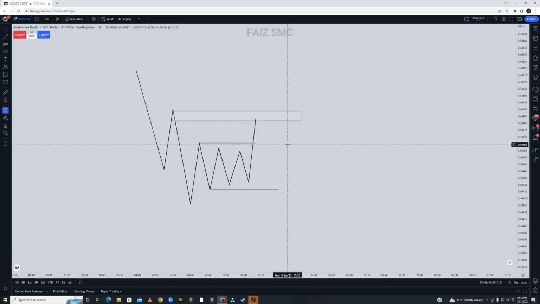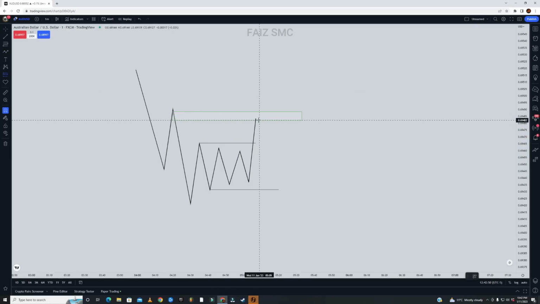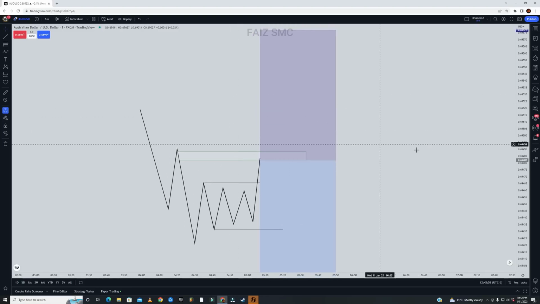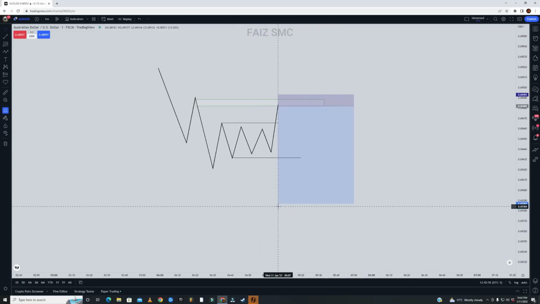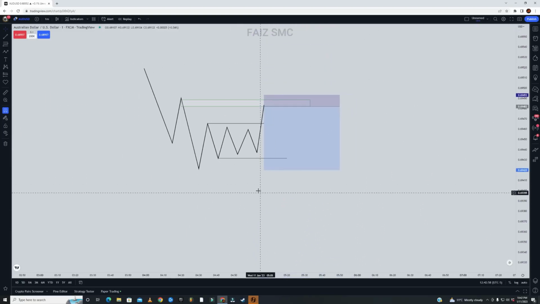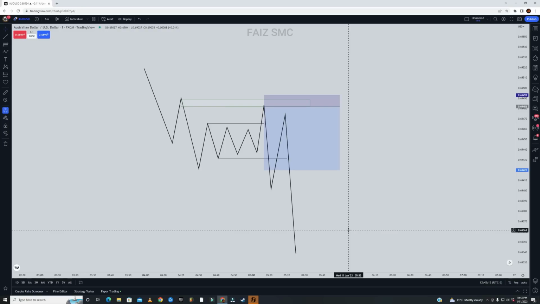So we have accumulation, and after manipulation, when price comes back to this level, you can either take a confirmation entry, or you can just literally enter directly from this POI, and that would be it. You target this level, and what's going to happen, price is going to distribute, right? And afterwards you can take another entry, which would be your OTE, optimal trade entry, and that would be it.